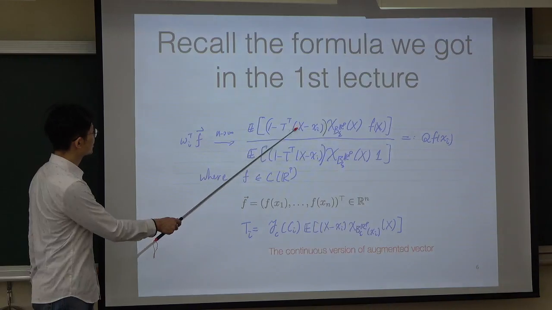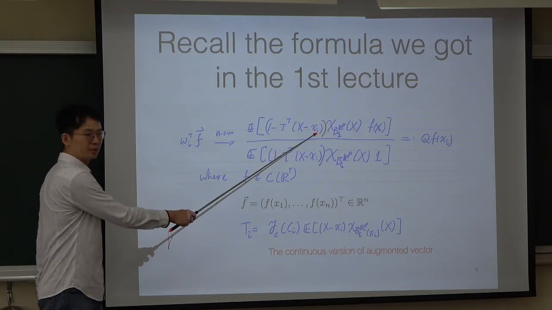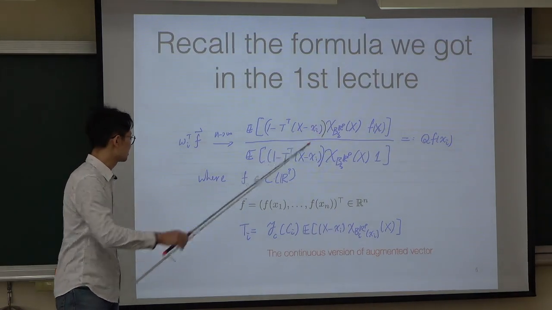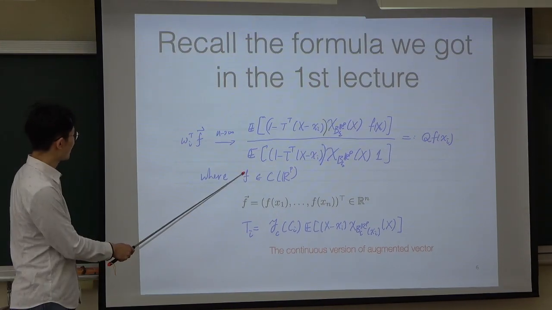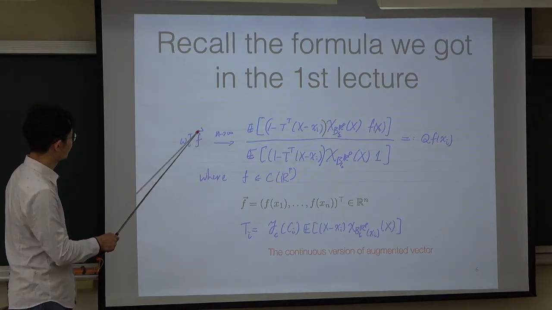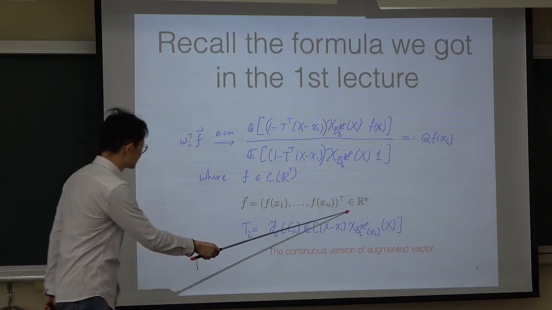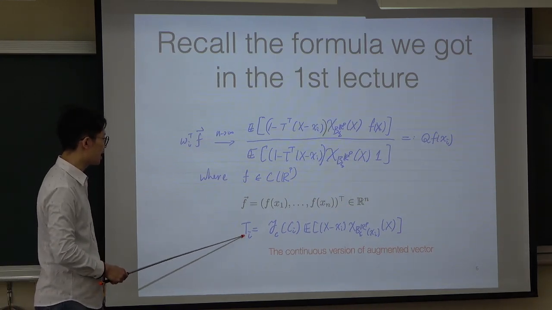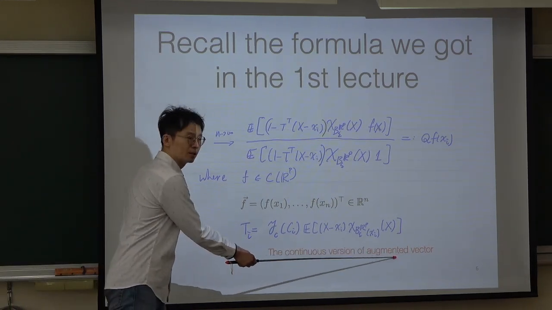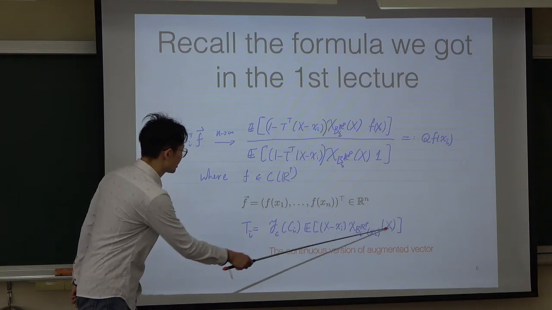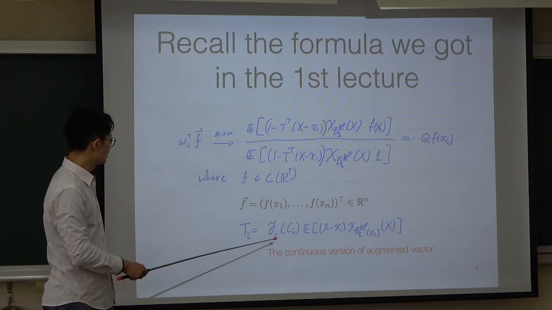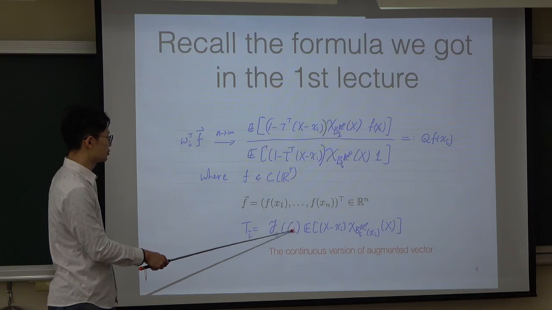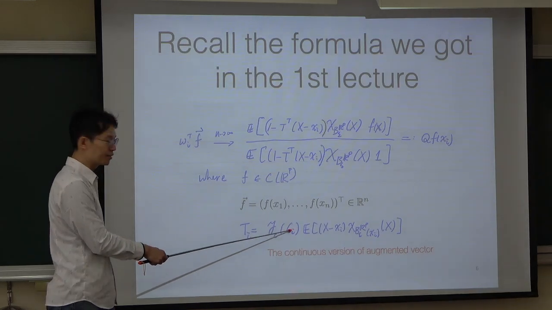Here X is a random variable, and x_i is a point we are interested in analyzing. As I mentioned, f is a continuous function, and you have f arrow, which is a discretization. Remember, T_i is the augmented vector, and we write it in the continuous version. C_i is the local covariance matrix in the continuous version.